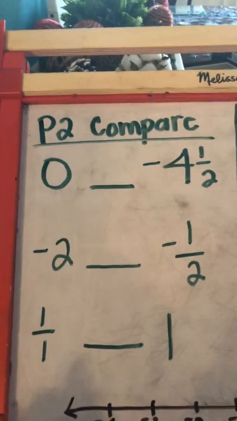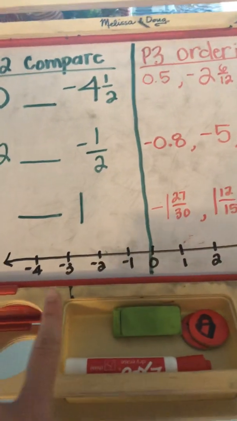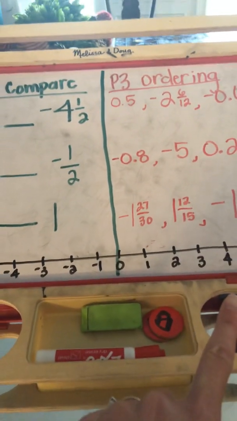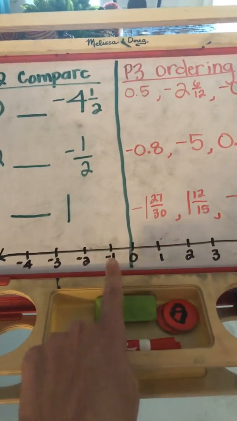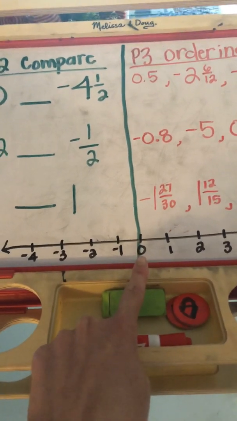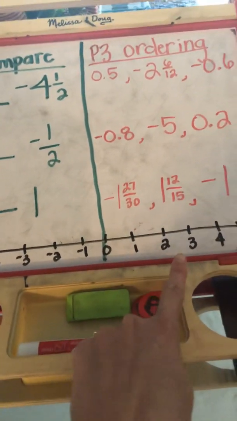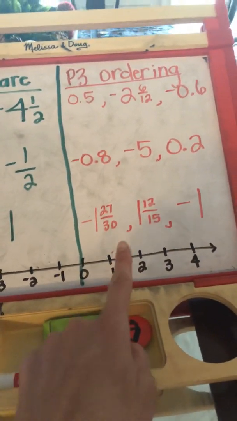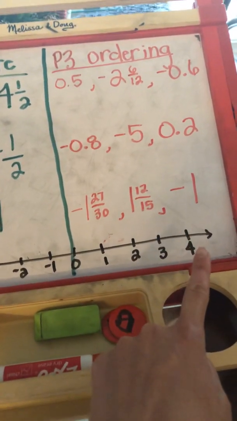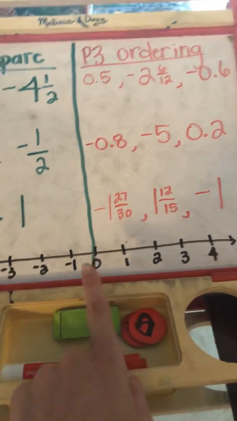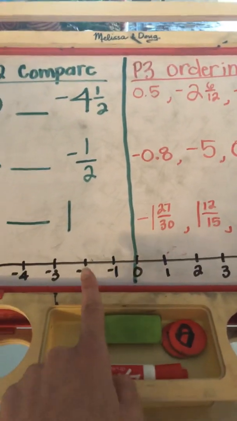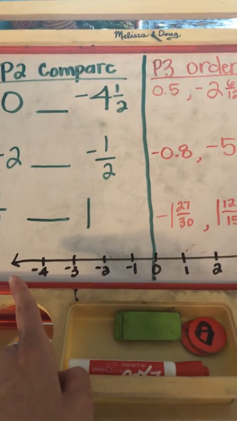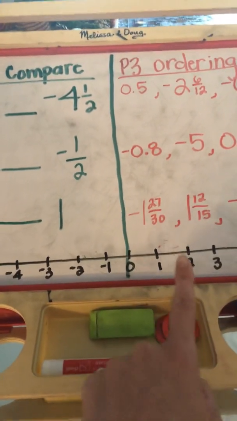Now, I went ahead and put a number line down at the bottom, and you might want to draw one on a sheet of paper to remind yourself that in the middle here we have 0. Everything to the right of 0 on a number line is a positive number, and the further away from 0, the greater the number gets. And then everything to the left of 0 are negative numbers. And it's the opposite, right?